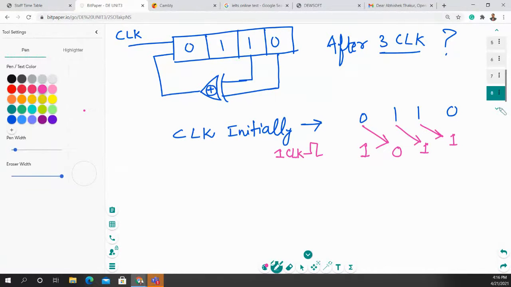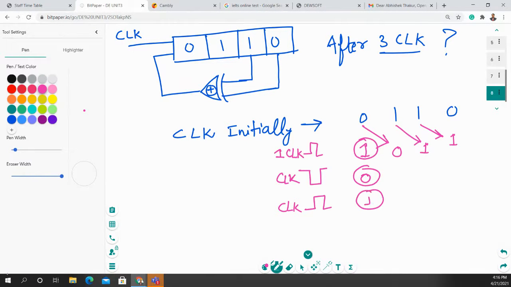If the first time this clock signal is high, next time we will consider this clock signal as low, and the next time as high. So quickly give your response. After 3 clock pulses, what is the output? In the next clock pulse, this clock pulse is low, we will place 0.